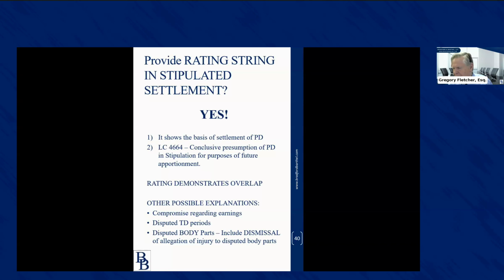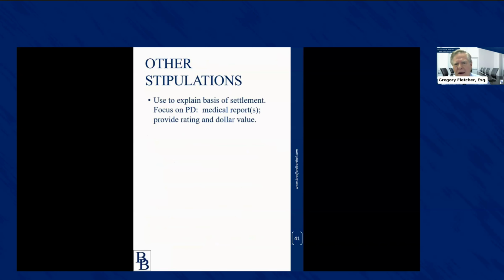Remember that earlier slide, which indicated if you don't settle those body parts, the WCAB may have jurisdiction over them. So in the comment section, write, for consideration in this settlement, these allegations of injury to these body parts are hereby dismissed. So then it's done. Then you've settled everything that's been alleged.